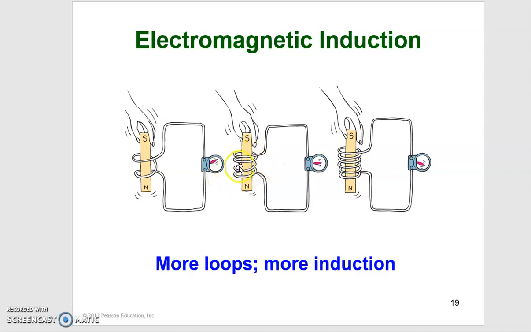If you increase the number of loops, a bigger current and induced voltage will be produced. So more loops, more induction. That is what we mean by induction: an induced current and an induced voltage are produced. But I have not yet taught you about the directions, so I will show you in the next few slides.